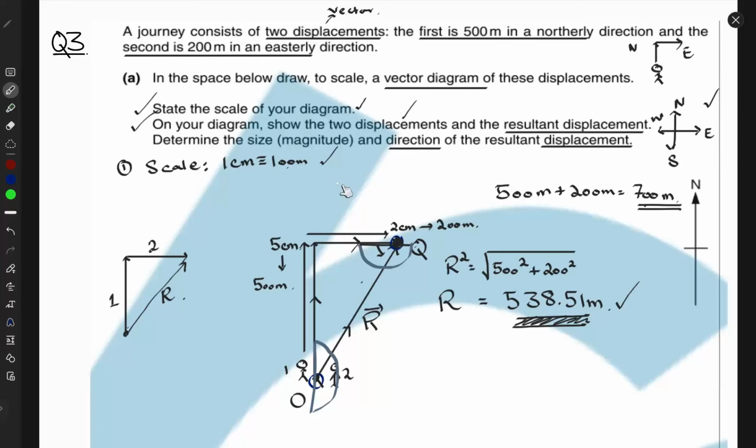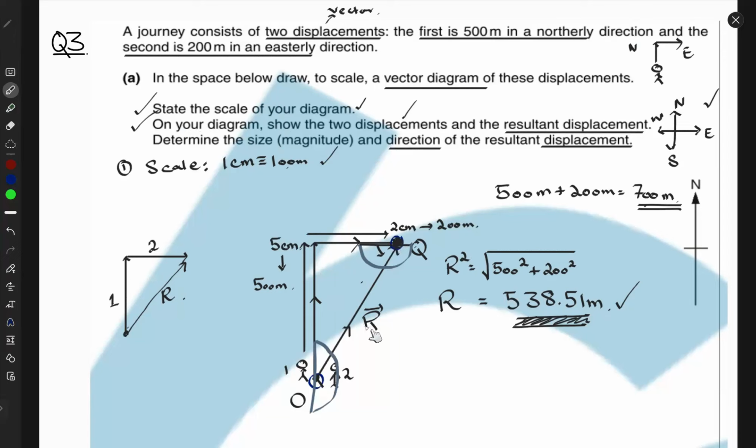So we were doing this problem where we had two displacements, and we really only had to add these vectors, right? We had to add these two displacement vectors using the graphical method. So we did that. We stated the scale of the system. We drew this diagram, and we found the resultant as well.